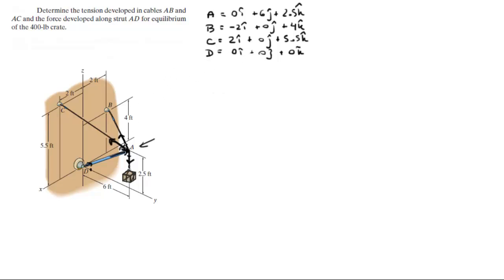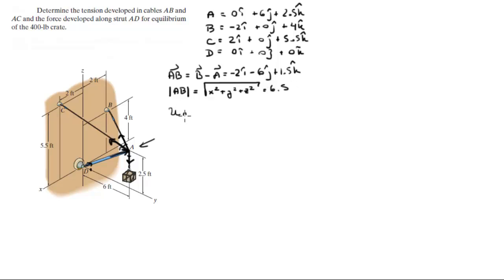So let's start with the unit vector that goes from A to B. We gotta find AB first. AB is B minus A, which is negative 2I minus 6J plus 1.5K. The magnitude of this vector is equal to the square root of x component squared plus y component squared plus z component squared, and it's equal to 6.5.